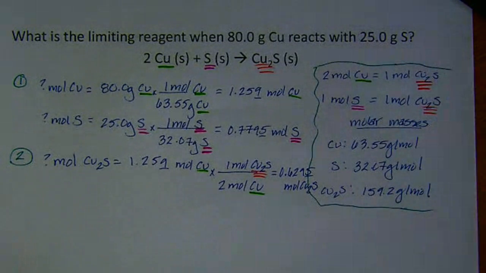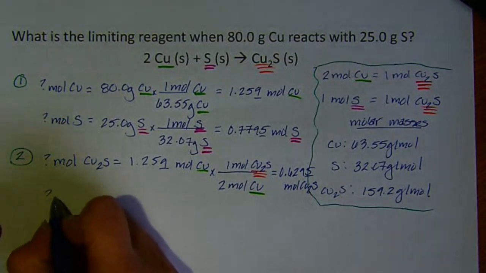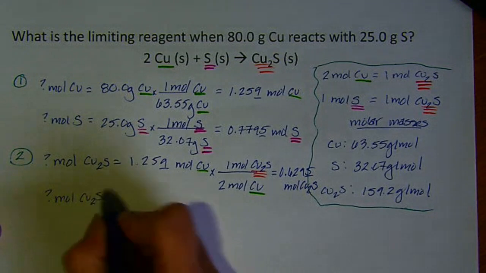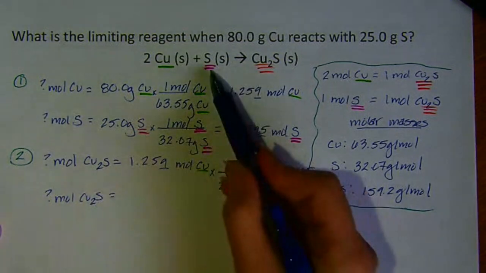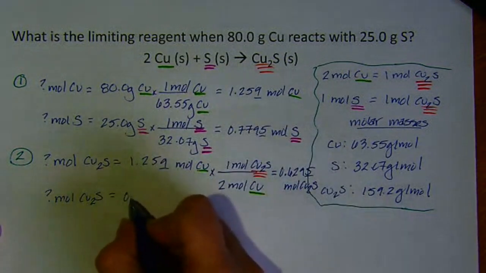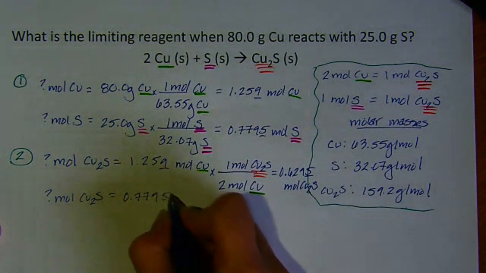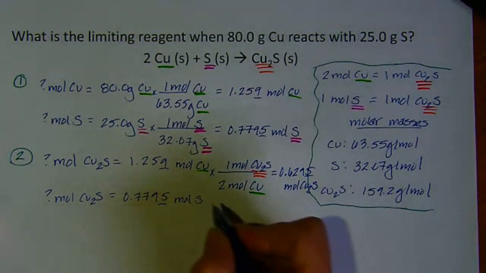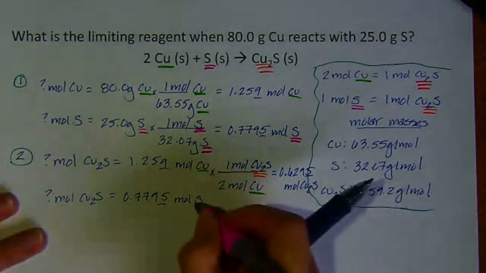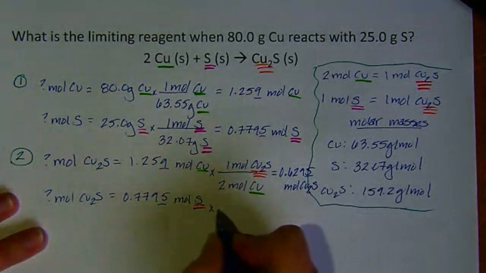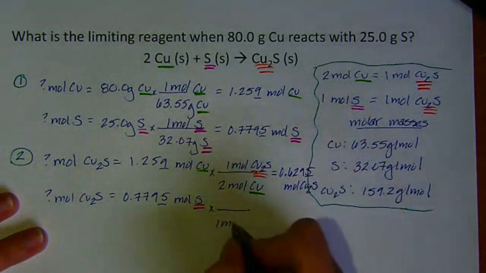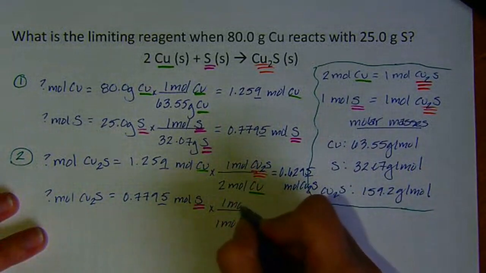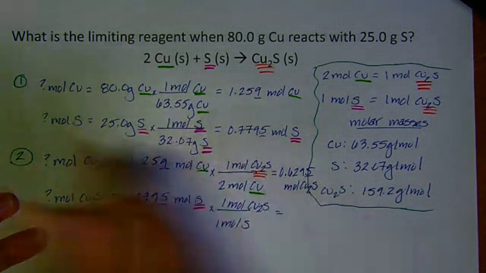So we're going to figure out if I have enough sulfur by asking the same question from the opposite perspective. I'm going to ask how many moles of copper sulfide can I make with this much sulfur, assuming that I have enough copper to do that. So I'm going to use that mole ratio, knowing that for every 1 mole of sulfur that reacts, it's going to produce 1 mole of copper sulfide.